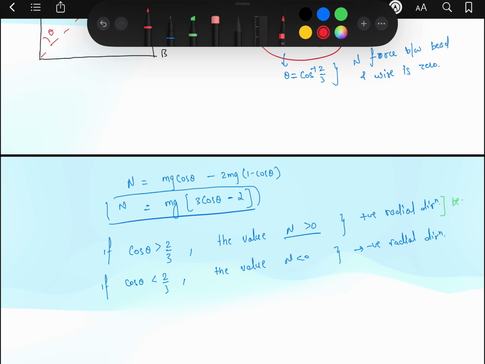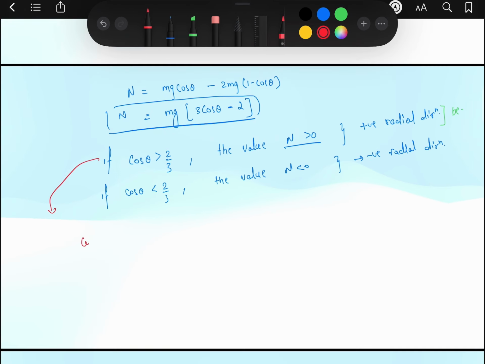I will write with the red pen here for the first case. If cos theta is greater than 2 by 3, that means bead is applying force on wire in inward direction. Okay, so that normal force on the bead is in outward direction.